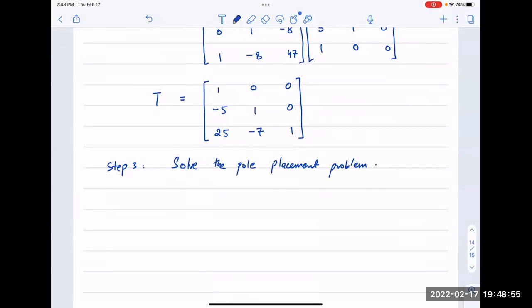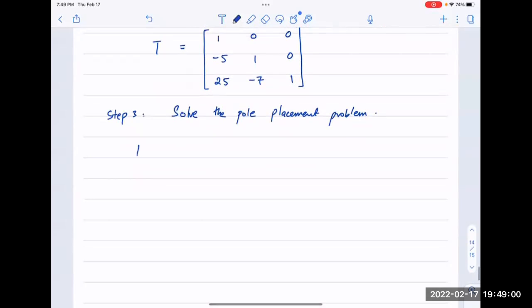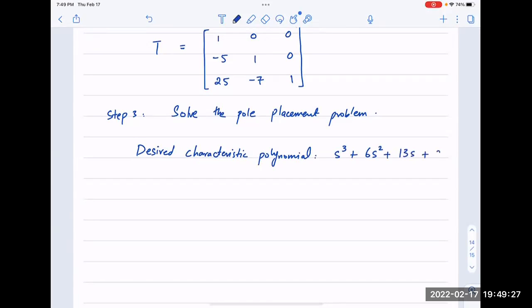For the pole placement problem, basically we start off with the desired characteristic polynomial. We have already computed it in the previous method, so I'm just going to say it is s cubed plus 6s squared plus 13s plus 20.